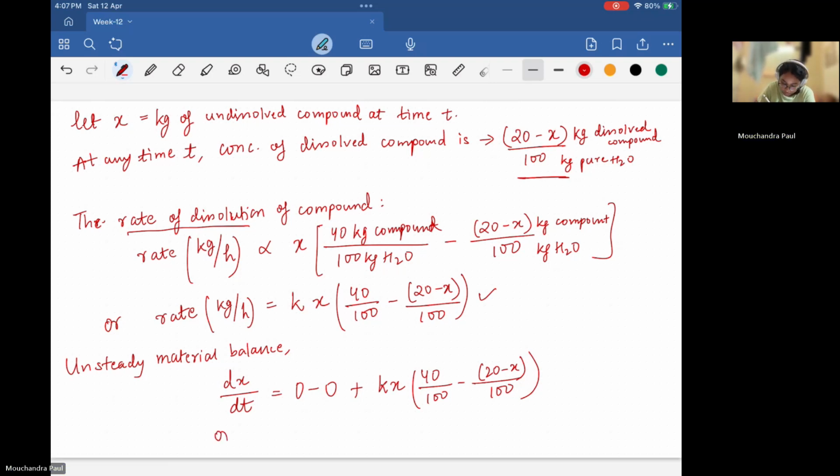Or dx by dt becomes, 100 comes out, 40x minus 20x, it is 20 plus x.